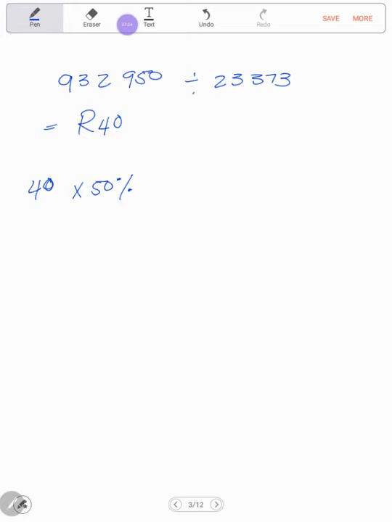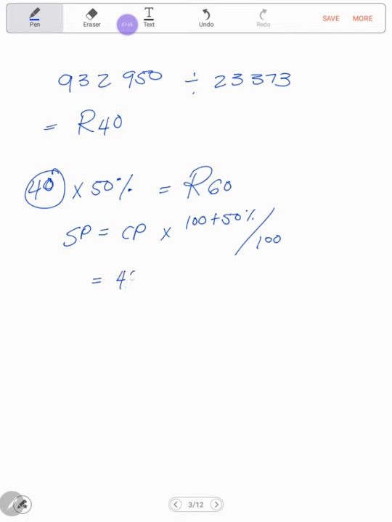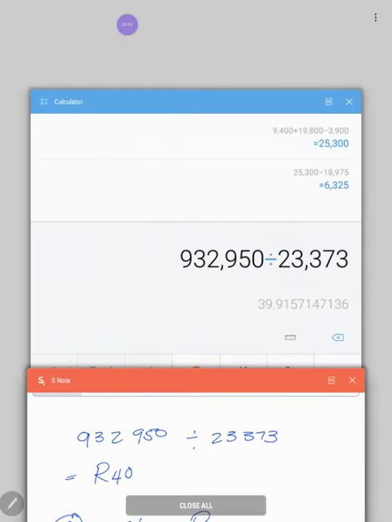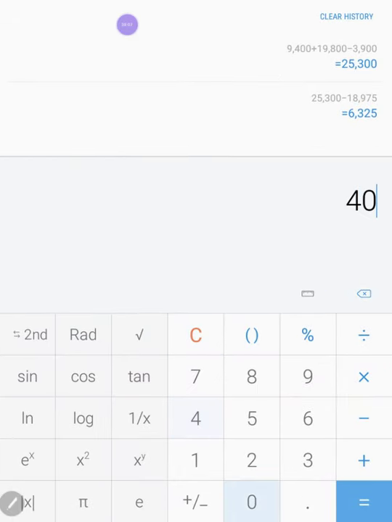Where did I get this from? My markup, 60 rand. So the cost of one shoe is 40 rand, and obviously you add in your markup. For a different way, you're going to say selling price equals cost price times 100 plus the 50% over 100. And we know the cost price per shoe is 40 rand times 150 over 100. 40 times 150 divided by 100, 60 rand.